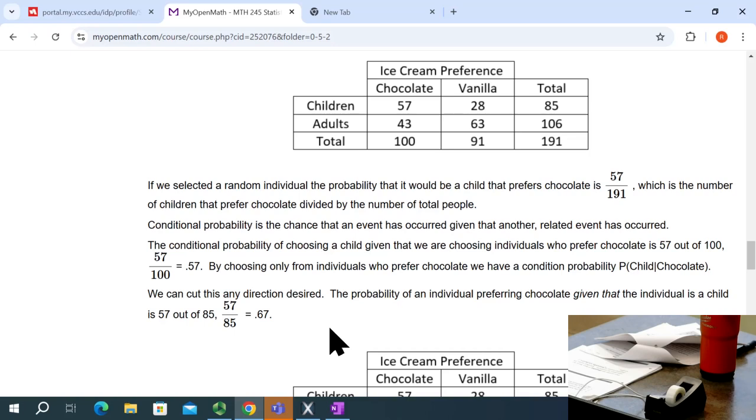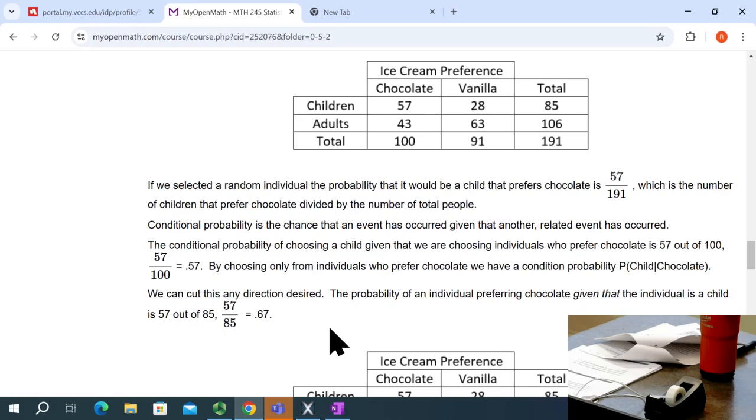What's the chance that if I draw an individual out of this, that it's a child that likes chocolate? This is how many people I got. Okay, we'll get to that one in a minute. That's an important one. So the child liking chocolate, there's 57 out of 191 individuals.